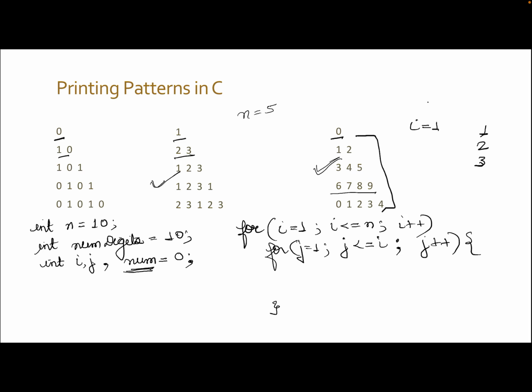Now we have to print the value. I will update this num variable. So suppose the number of digits is 10. If I take initially 0 mod 10, the output will be 0. 1 mod 10, the output will be 1, and so on.